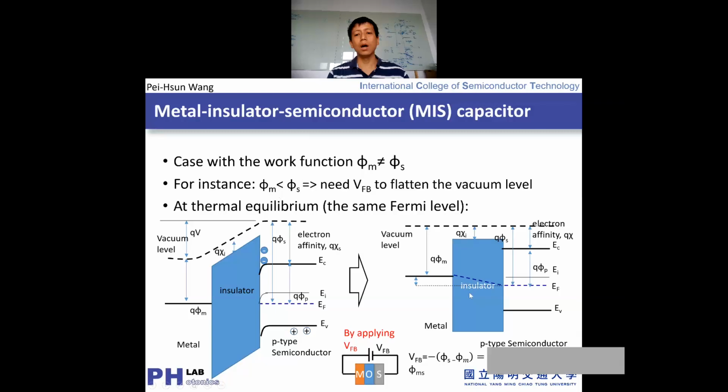That means you need extra band bending correction, flat band voltage, a more negative voltage in order to get the flat band condition. And vice versa, if you are working with the n-type region, you have the Fermi level above the intrinsic level. So if it is higher, it means you need the least negative voltage to apply for phi_ms.